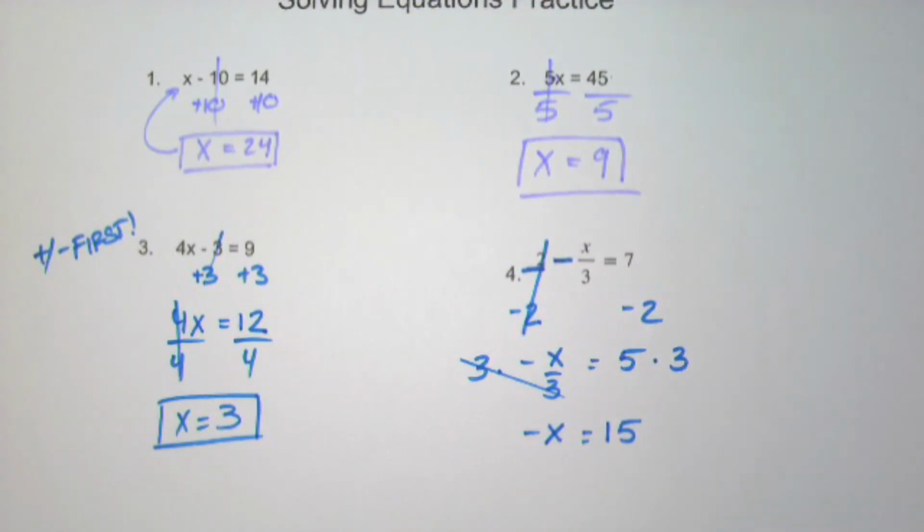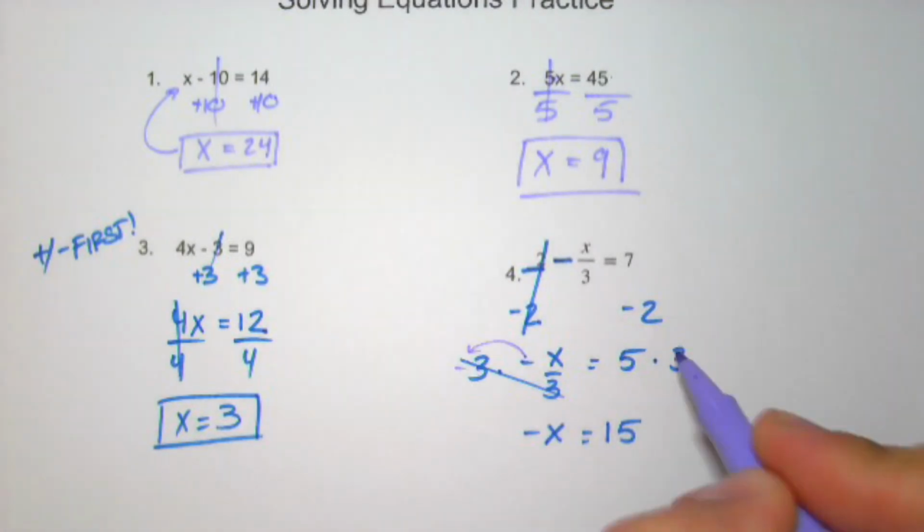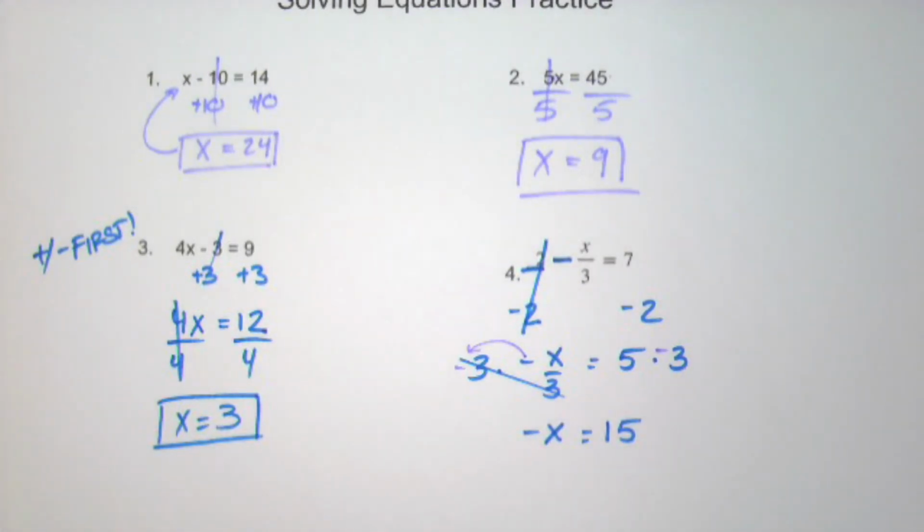Now, again, we're solving for x, we're not solving for negative x, so there was a little trick to move that negative over, and that's to either multiply or divide by -1. But I'm going to give you a heads up of something you could have done here. Instead of multiplying by a positive 3, we could have included that negative with it, which means we would already have that positive x.